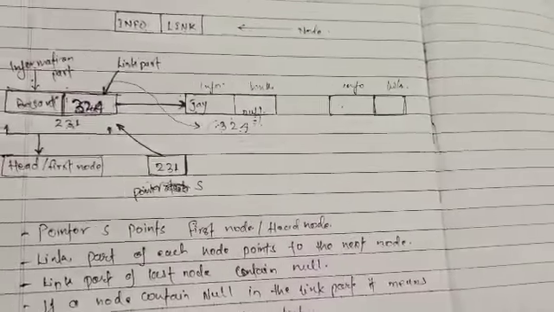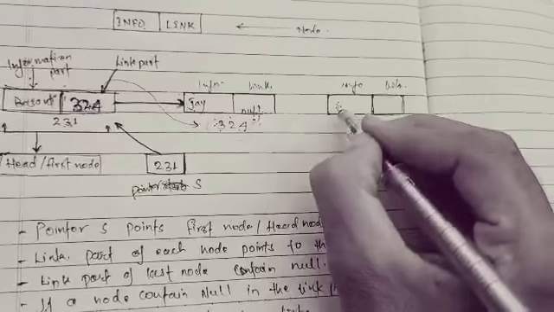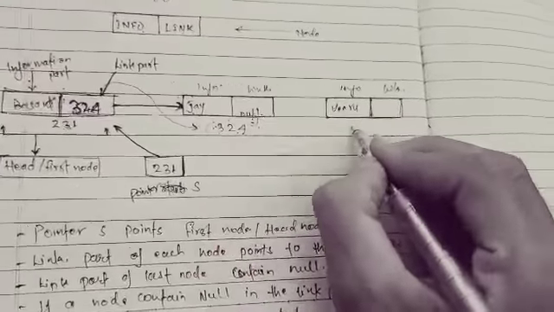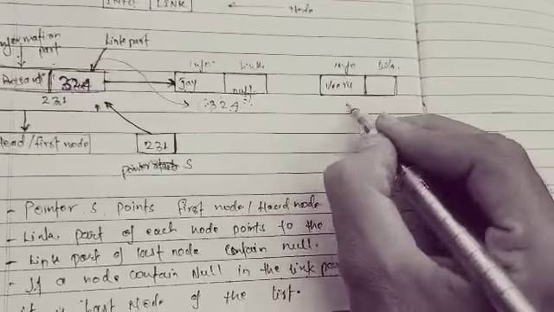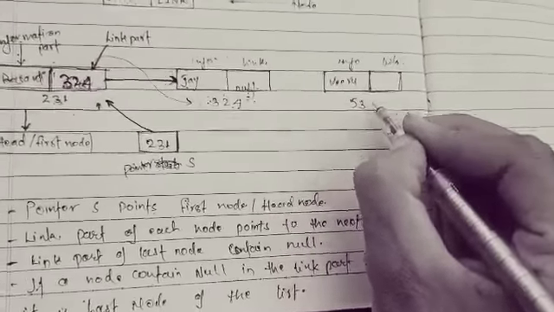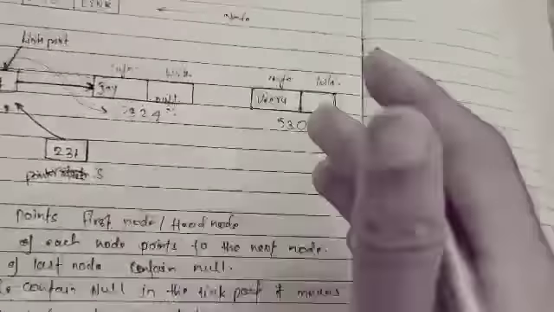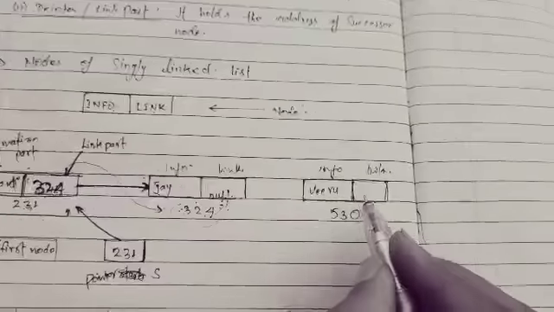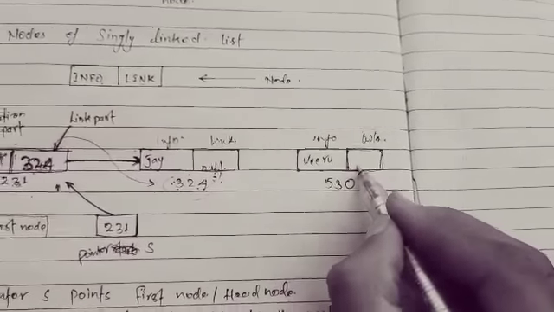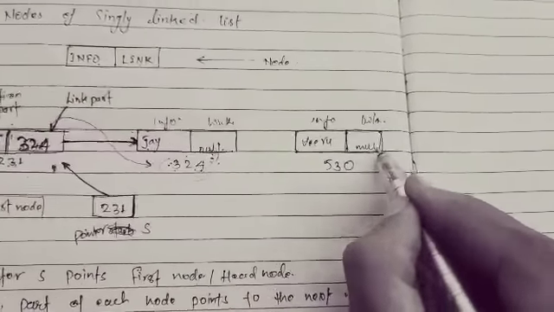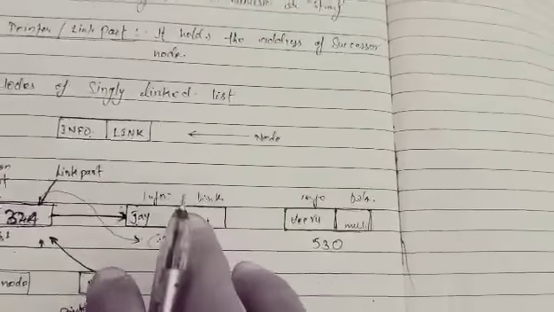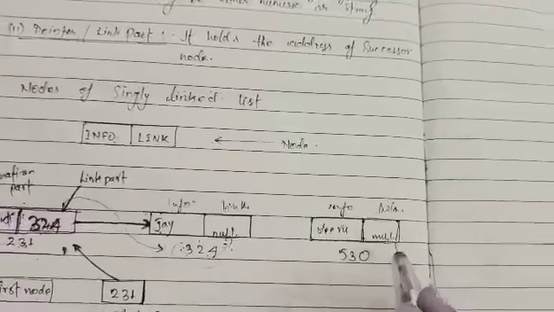Here we put a string value, and its address part I can put any, and its link part here we put a null value, same as before.